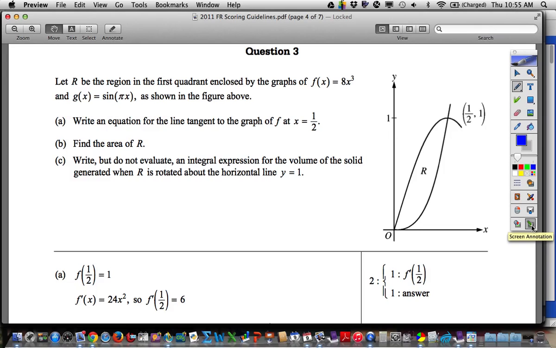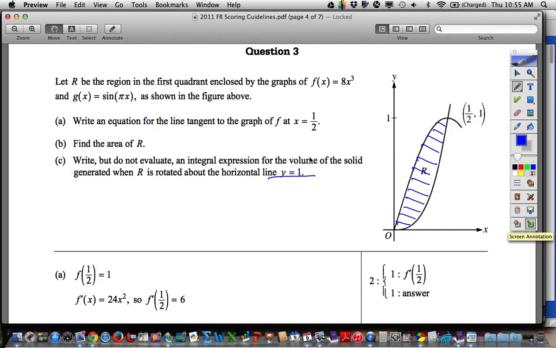Let R be the region enclosed by these curves. So here's our region, and we're going to revolve this region around the line y equals 1.